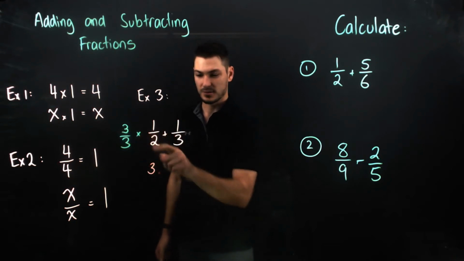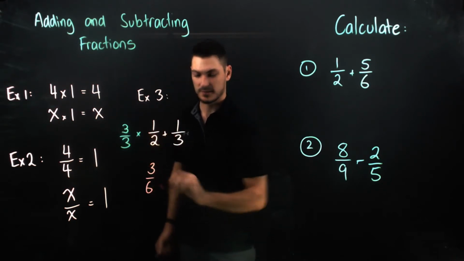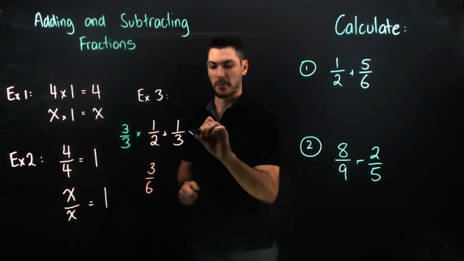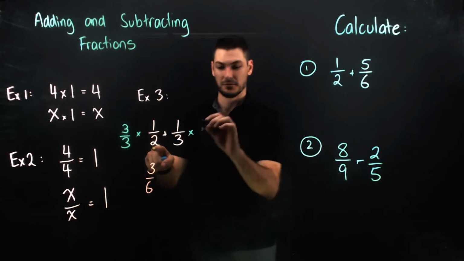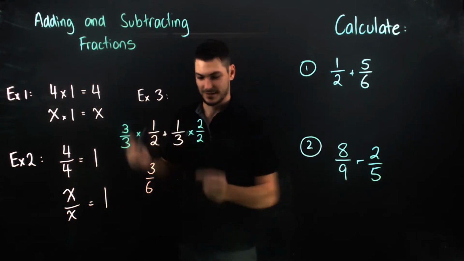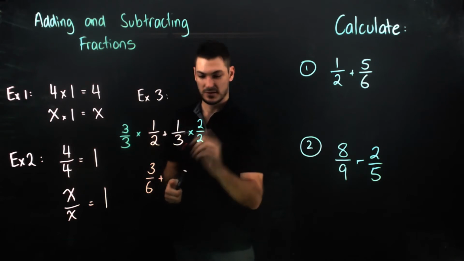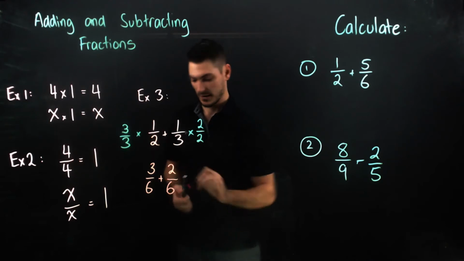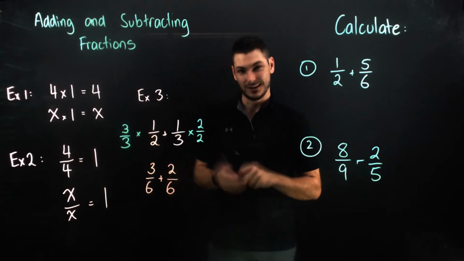And 3 times 2, that's 6. I'm also going to times this by 1, but in the form of 2 over 2. And if I do that, I get 1 times 2 over 3 times 2 is 6.